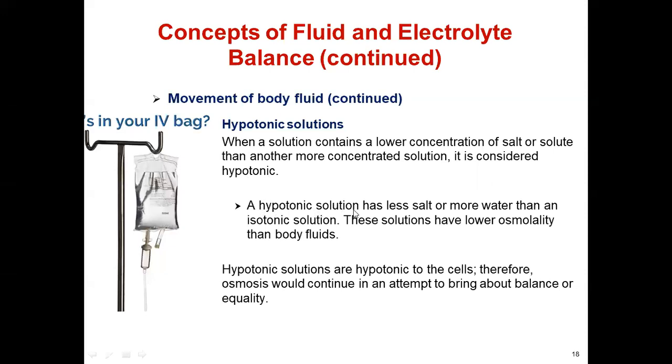A hypotonic solution has less salt or more water than an isotonic solution. This solution has lower osmolarity than body fluid. Hypotonic solutions are hypotonic to the cell. Therefore, osmosis would continue in an attempt to bring about balance and equality.